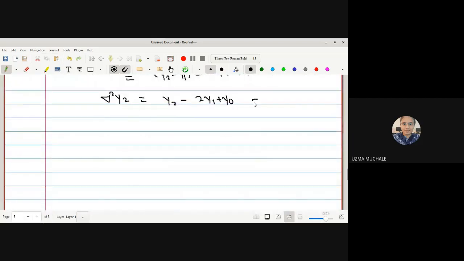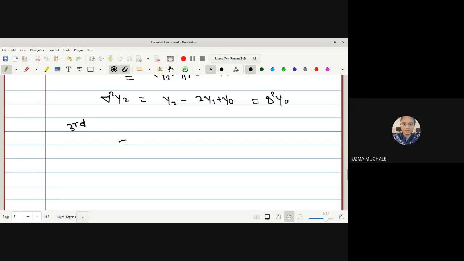In the forward differences we denoted this as delta square y0, but in the backward differences it is denoted by delta square y2. So the values are the same, that means the numbers are the same, but the denotations are different.